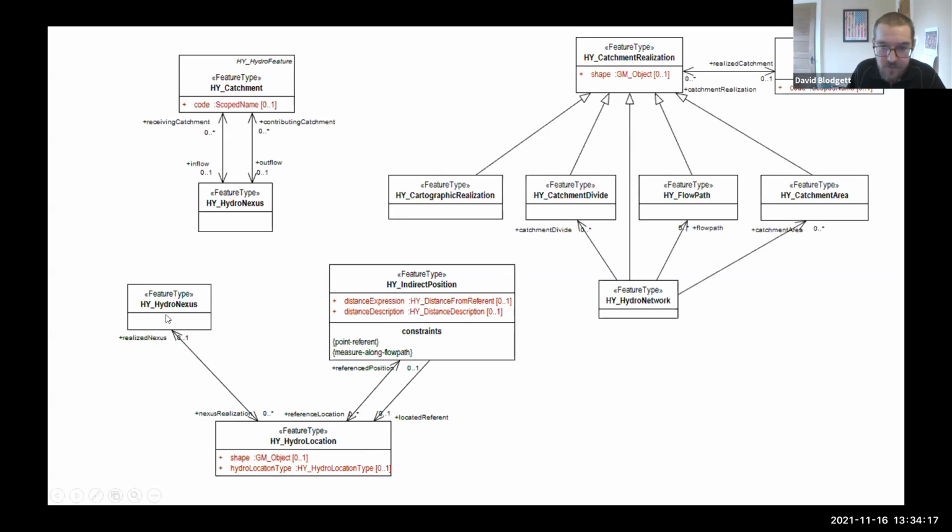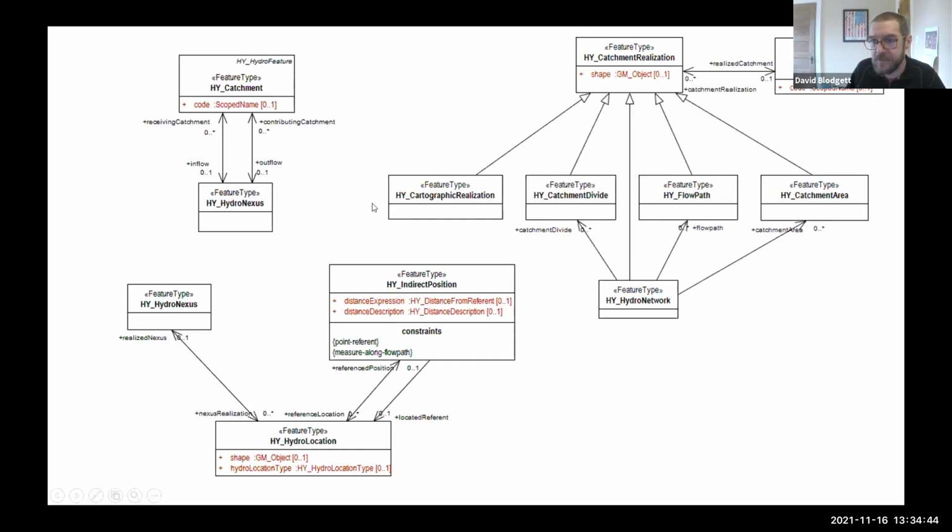We don't have to, but any location on the network is an outlet of some watershed, of some basin, right? Conceptually, anyways, whether we create that actual outlet feature or not, it is a nexus and could have a nexus identified, which could take part in a network of catchments.